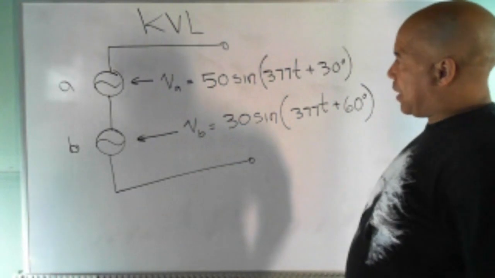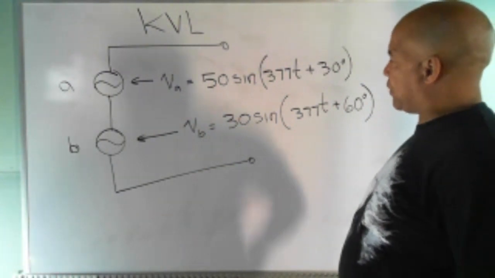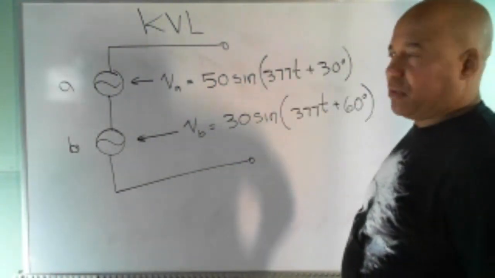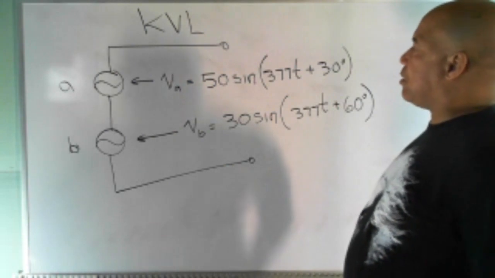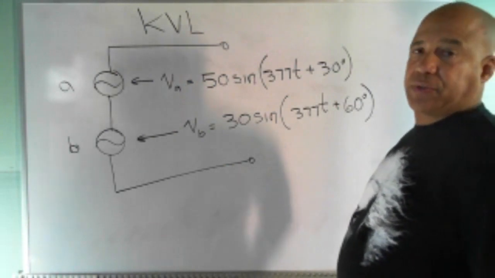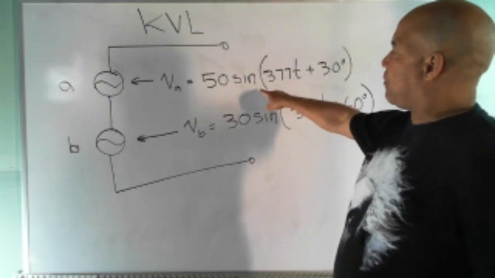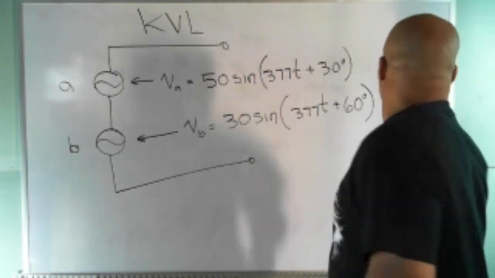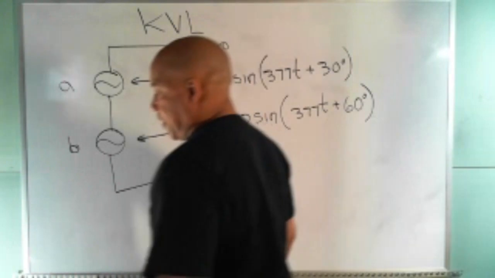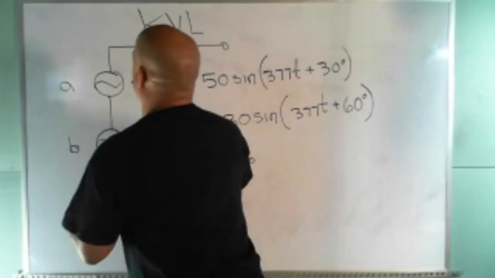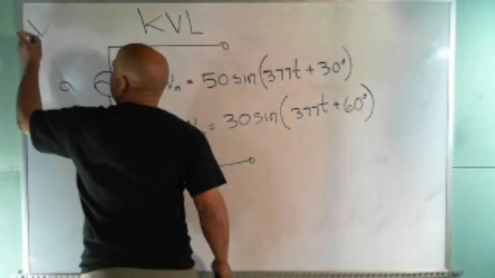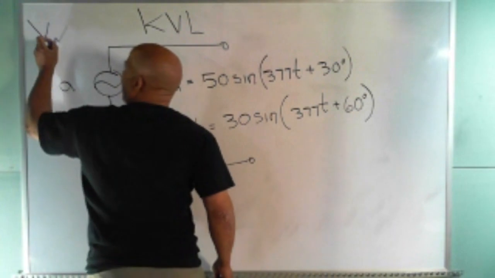So I want to add these two up, and there's no easy way to do it like this. So what we're going to do is convert these to phasors. So take out your calculator, and can somebody convert this to phasor form? Let me know. Remember, this is VA, so I would show it like this: VA with a hat on it.